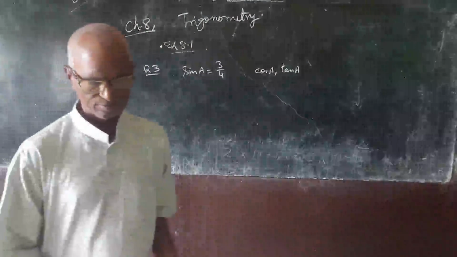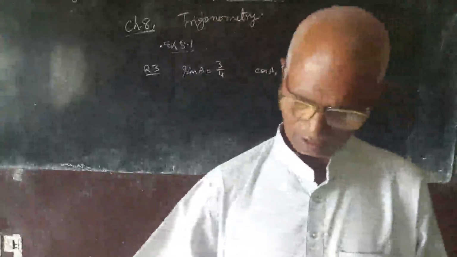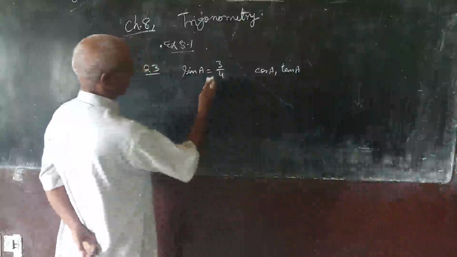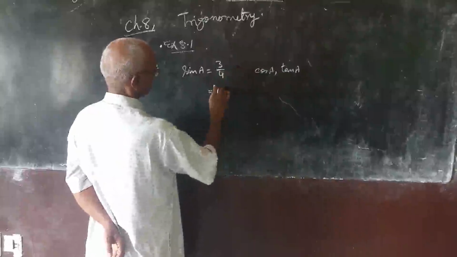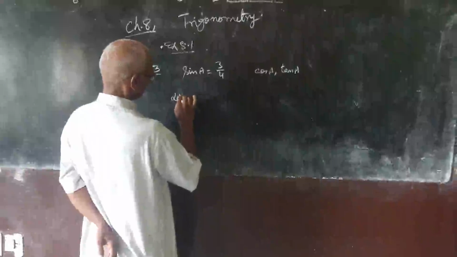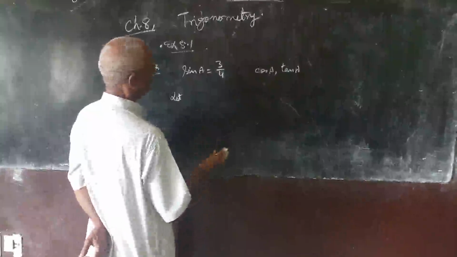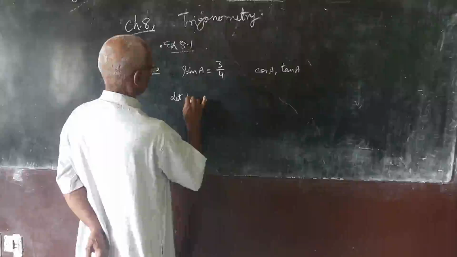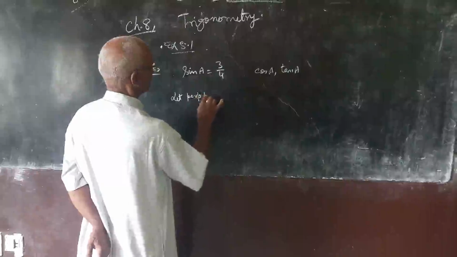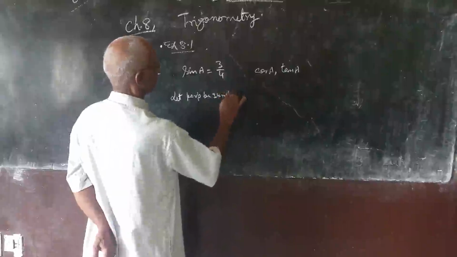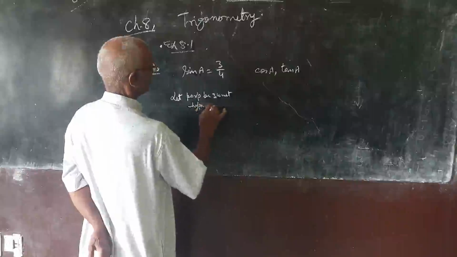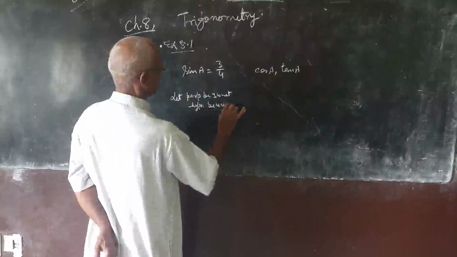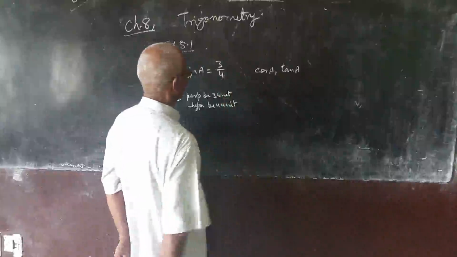Cos A and tan A can be done by many methods, but here it is 3 by 4. So you write it like it is. Here, write better: 3 by 4 can be done by formula also. Let the perpendicular be 3 units and the hypotenuse be 4 units, because sine is the ratio of perpendicular by hypotenuse.